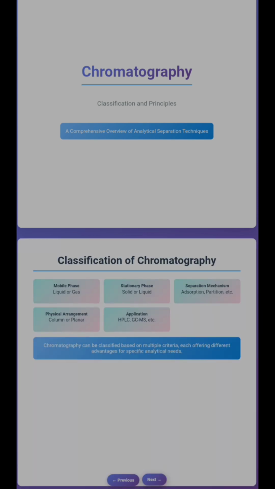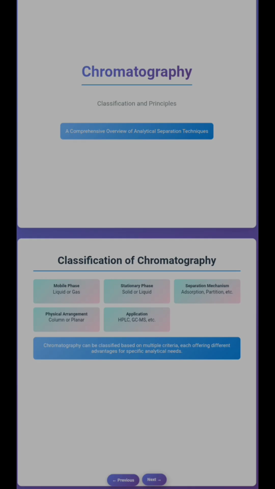Next, classification of chromatography. First is the mobile phase, second the stationary phase, third the separation mechanism, fourth the physical arrangement, and fifth the applications. The mobile phase is liquid or gas. Stationary phase is solid or liquid.